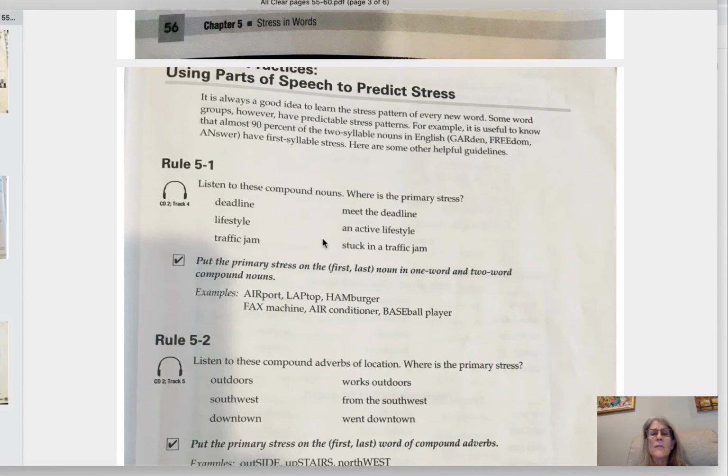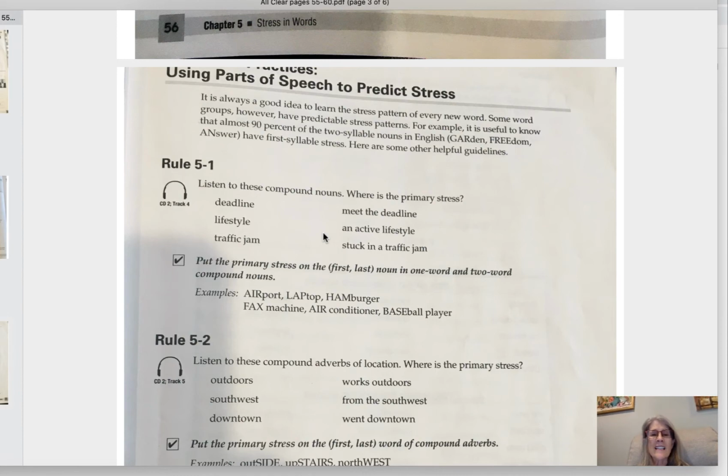Here are some other helpful guidelines. So let's go back to that. 90% of the 2-syllable nouns, they're talking about nouns, have stress on the first syllable. Okay? So listen to Rule 1 and you will hear it.